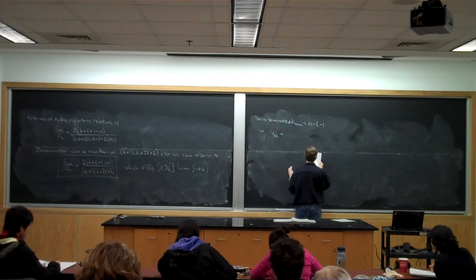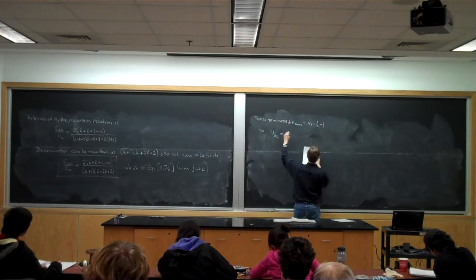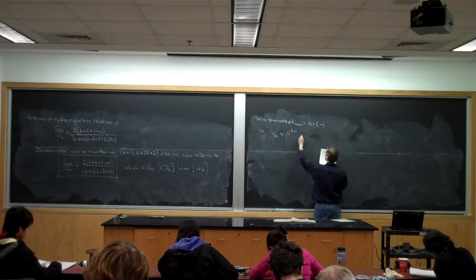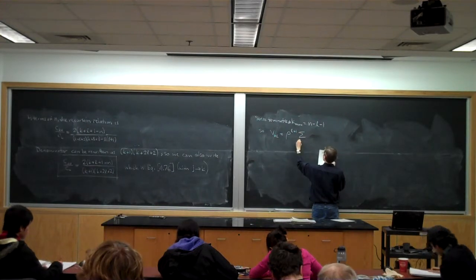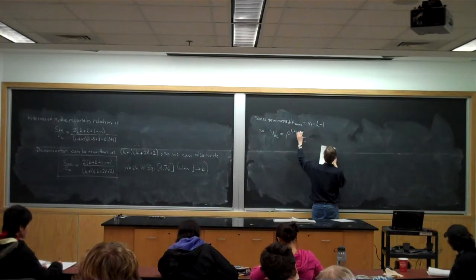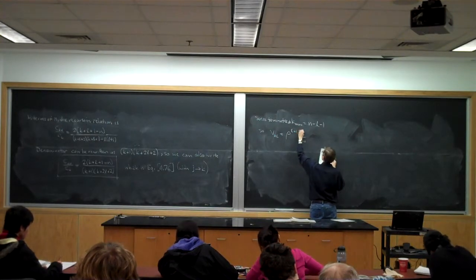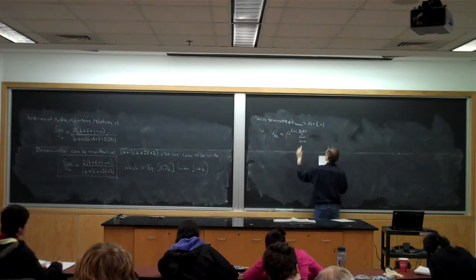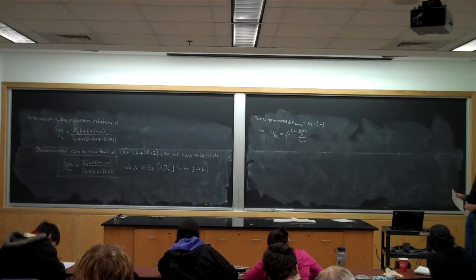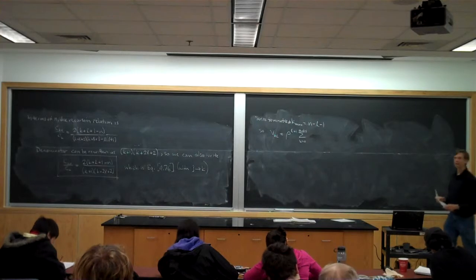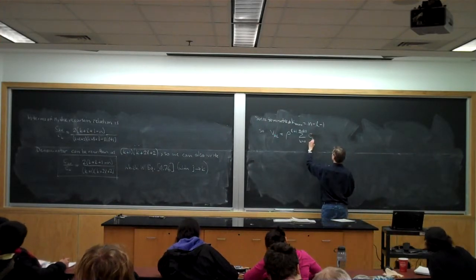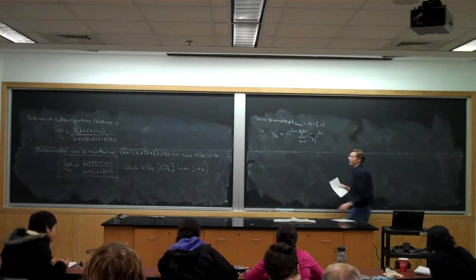Okay, so v_l, if you go back, v_l is rho to the l plus 1 sum from k equals 0 to k max, which is n minus l minus 1. So we started with k equals 0 to infinity, but then we found out it stops at some k max, of c sub k rho to the k.